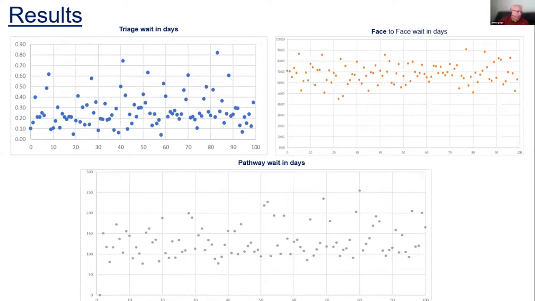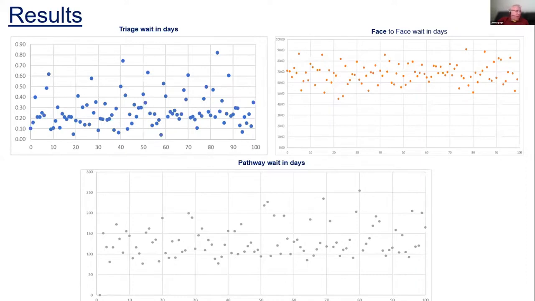In terms of face-to-face, we jump out of small decimals now into actual days that start at 100 and go down to 0 here. Again, you can see the pattern kind of straight through the middle, which reflects quite well what we saw out of the Gloucester data: predominantly a lot of patients are breaching the 62-day, and something needs to be done with a bit of what-if analysis to bring those days down.